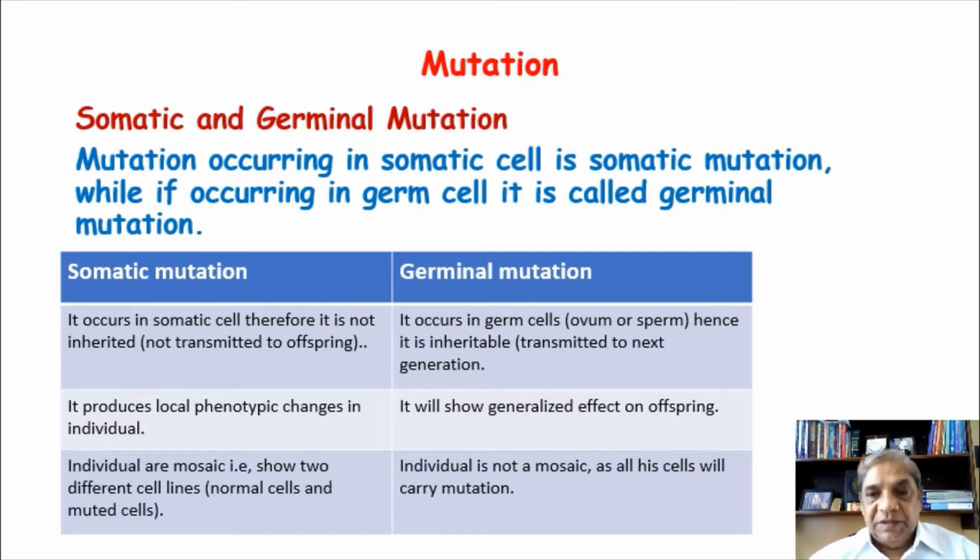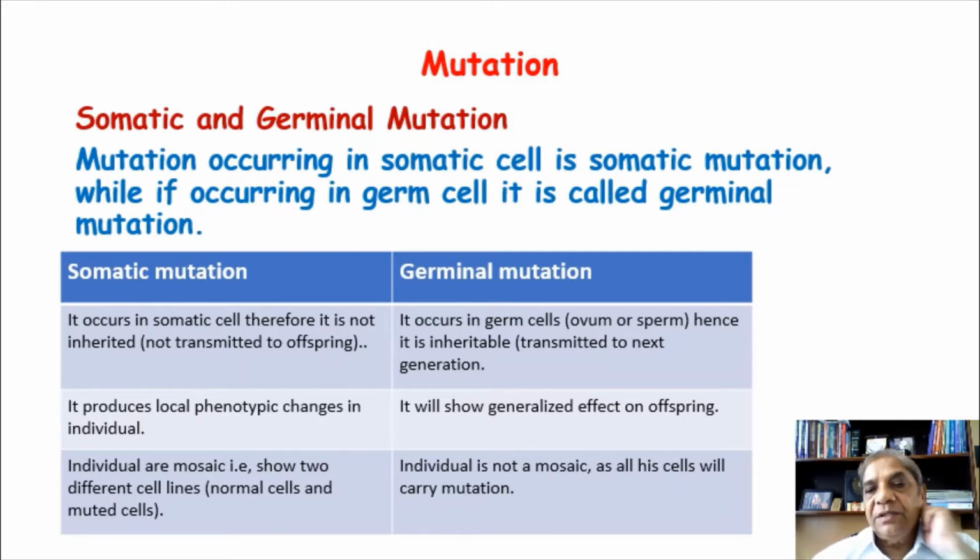Most of the cells in the body will be normal somatic cells, but where the mutation has occurred, those will be mutated cells. Thus there will be two different cell lines: one normal, with the normal genes on the chromosomes, and one where the mutation has occurred, with the mutated gene within the somatic cells.